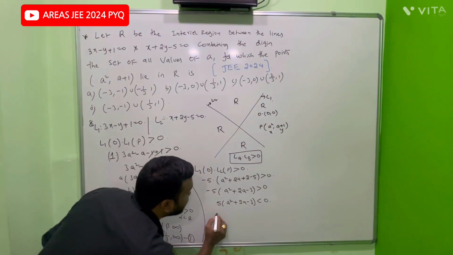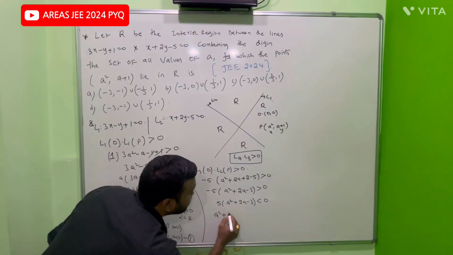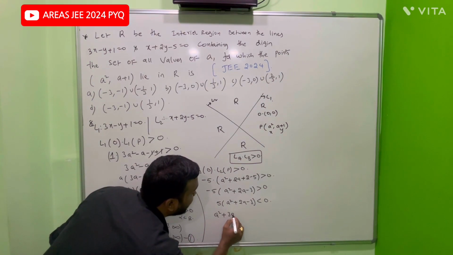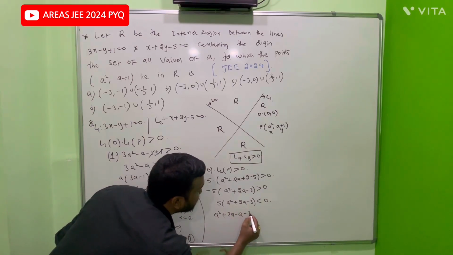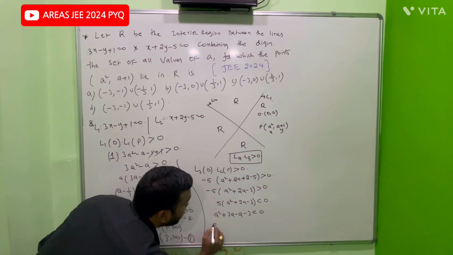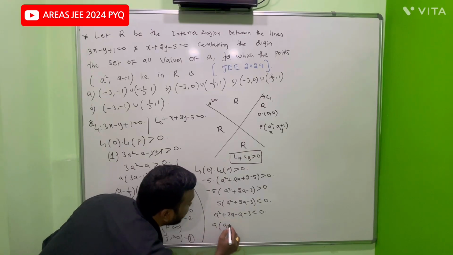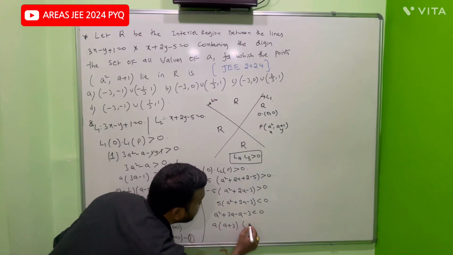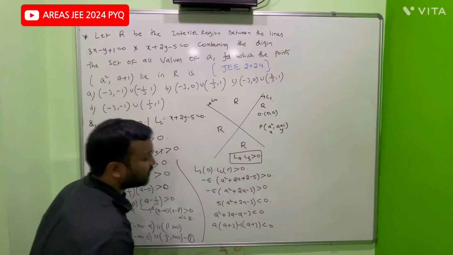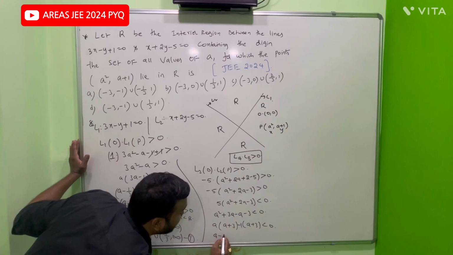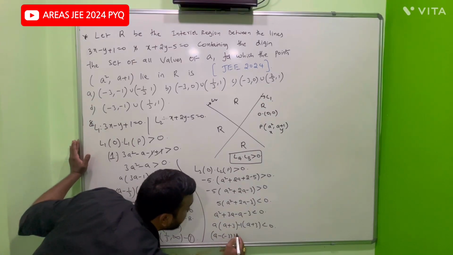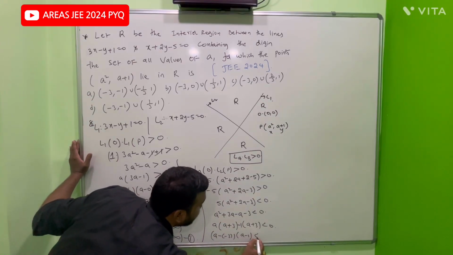So from this one we can write here a square plus 2a minus 3 less than 0. 3 into 1 is 3, so 3a minus a is 2a. If you take a common, so a plus 3, here also a plus 3 multiplied with minus 1 which is less than 0. Now a plus 3, we can write a minus of minus 3 into a minus 1 which is less than 0.